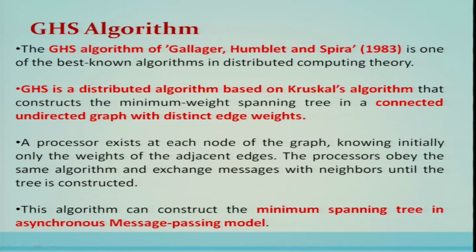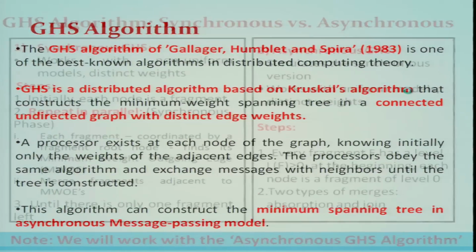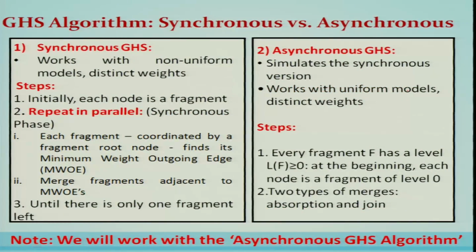A processor exists at each node of the graph, knowing initially only the weights of the adjacent edges. The processors obey the same algorithm and exchange messages with the neighbors until the tree is constructed. This algorithm can construct the minimum spanning tree in the asynchronous message passing model. GHS can run in synchronous as well as asynchronous modes of communication and computation.